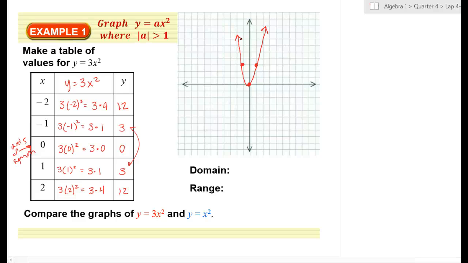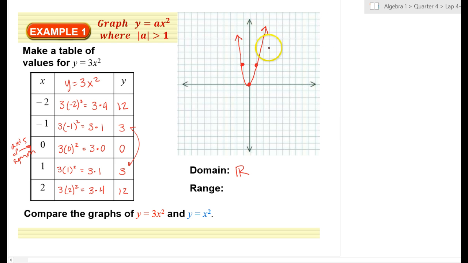The domain. Any parabola, remember, like I said, the domain is always all real numbers. But my range, let's look at this graph. If I look up pretty high, if I look up at the top, it's continuing to go up. There's no limits on how far up I can go.